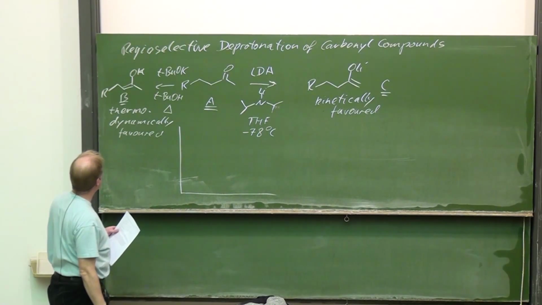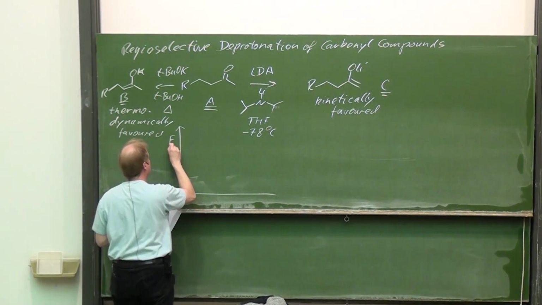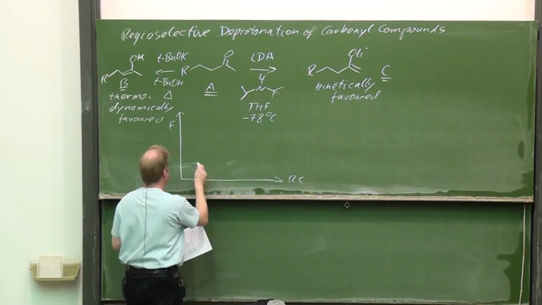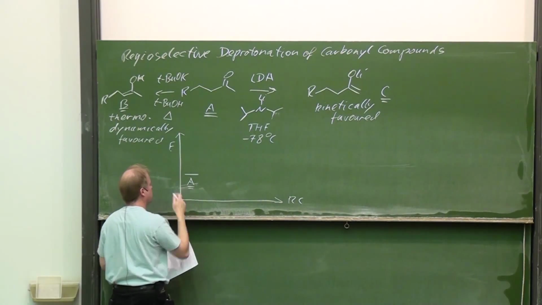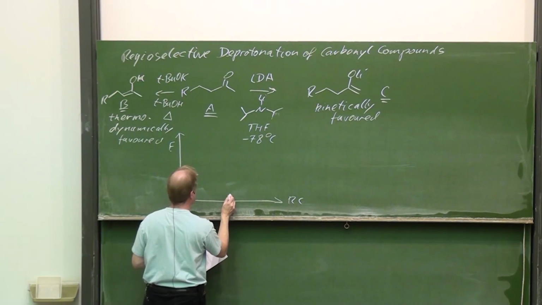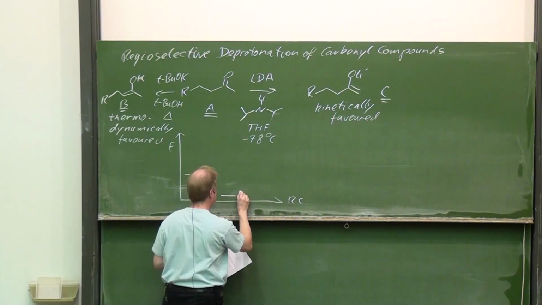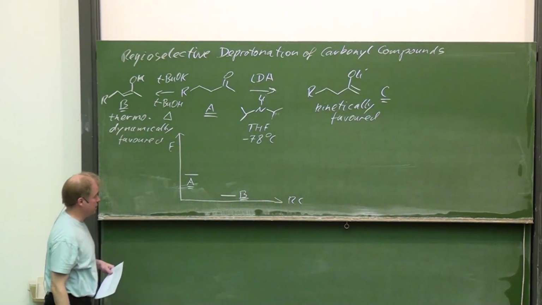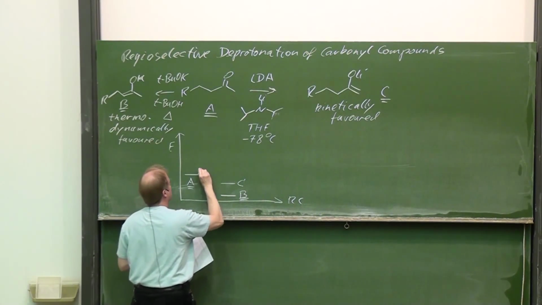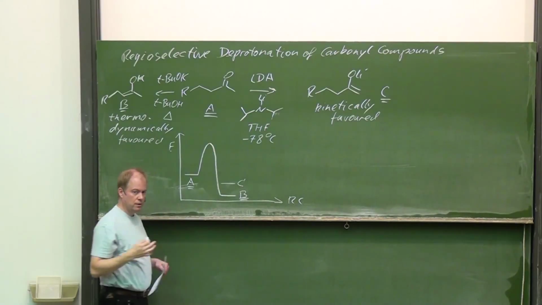If we visualize the difference between thermodynamically and kinetically favored in a diagram where we have the energy here and the reaction coordinate there, we would start at a certain energy level, the energy level of the starting material A. At a far lower energy level, we will have B as the thermodynamically favored one, and a bit above, C. To get to B, we have to cross an energy barrier.